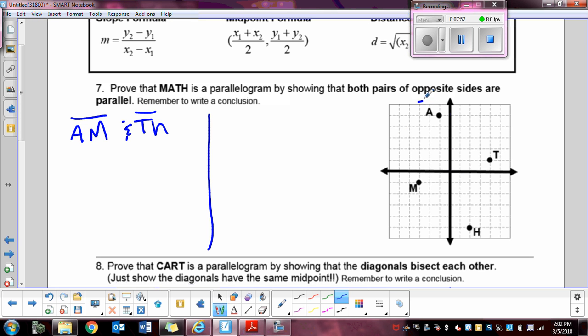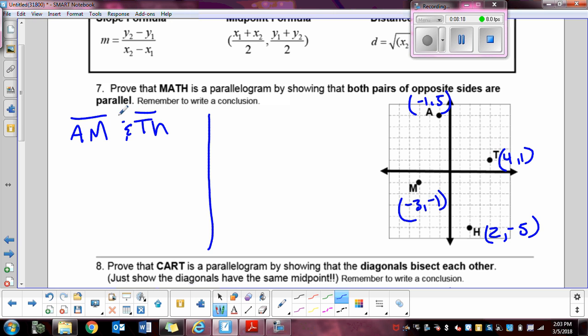So -1, 5. And M is at -3, -1. Okay, so let's try that first. Well, let's do T and H too. T is at 1, 2, 3, 4, 1. And H is at +2, 1, 2, 3, 4, 5, -5.